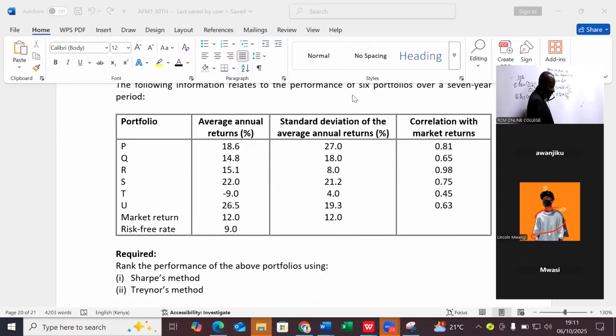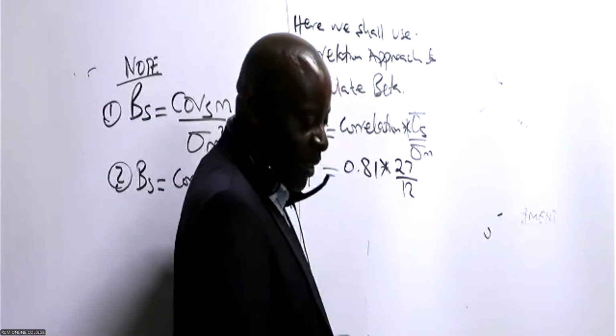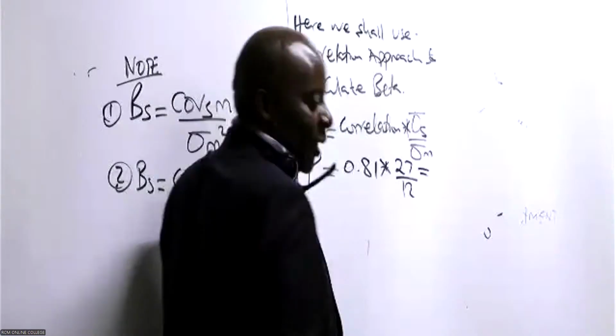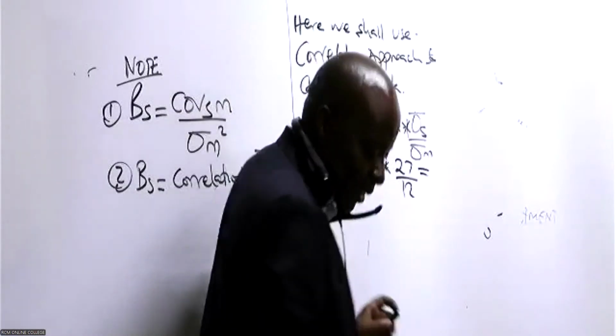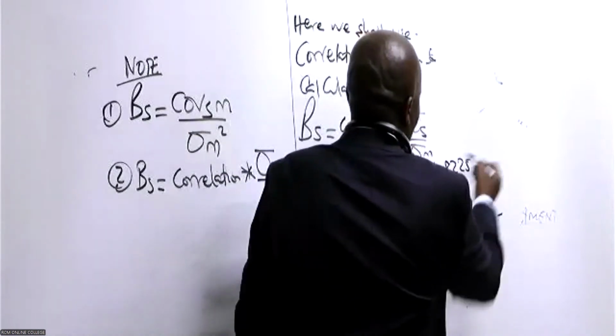Have you seen it, all of you? So they are giving us an answer here. They're telling us that the beta for P equals who? Marvin, my friend, 1.8225. Is that okay? I repeat, why 12?